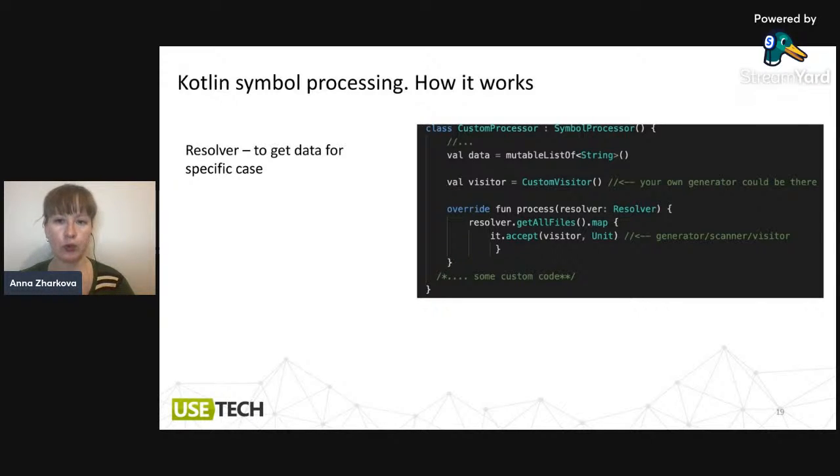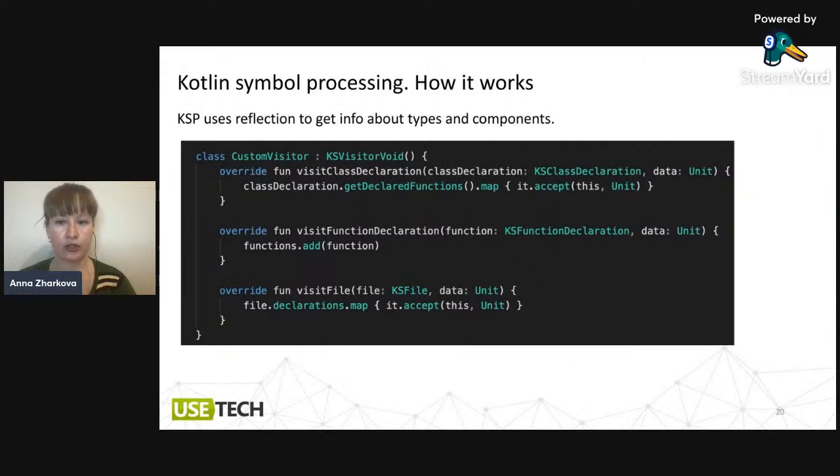So it will visit all the files, classes, and functions we need to analyze, and it will accept some logic to find the entries of our annotations. And then, collecting all this data, we will create some code for our purpose.